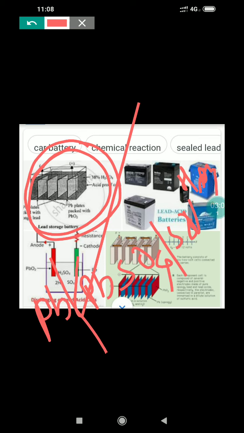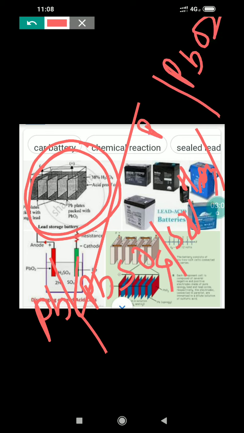acid. Then again the cathode is PbO2, but here again PbSO4 is developed or deposited on it, and therefore H2SO4 single vertical line PbSO4, then PbO2, and lastly Pb.